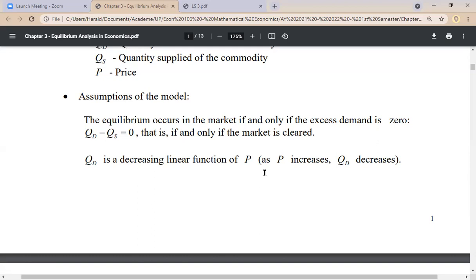Okay, and what we have established before is that they have this negative relationship. It's an inverse relationship. As one increases, the other decreases, ceteris paribus. We are holding other things constant. And therefore, when you graph, we have a decreasing linear function.